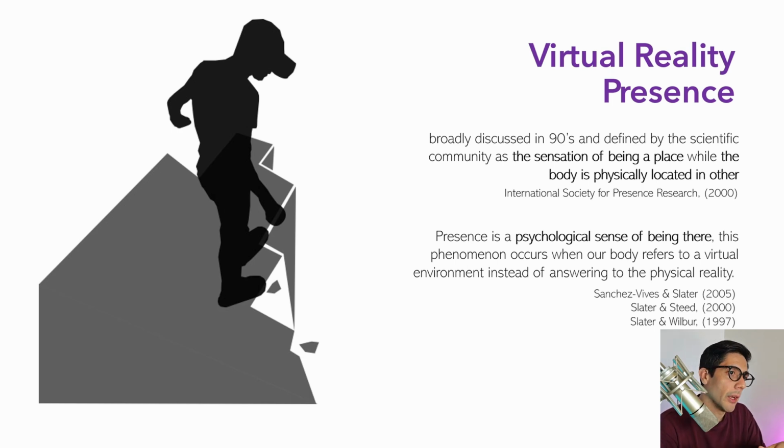And this has produced certain things. For example, people crash in their regular space, right? Because they are immersed, or present, in a different reality, and their bodies actually respond to this virtual environment, the three-dimensional environment, instead of responding to the physical reality.